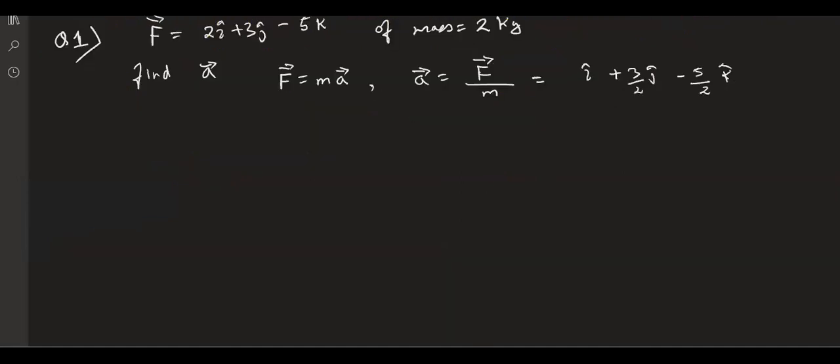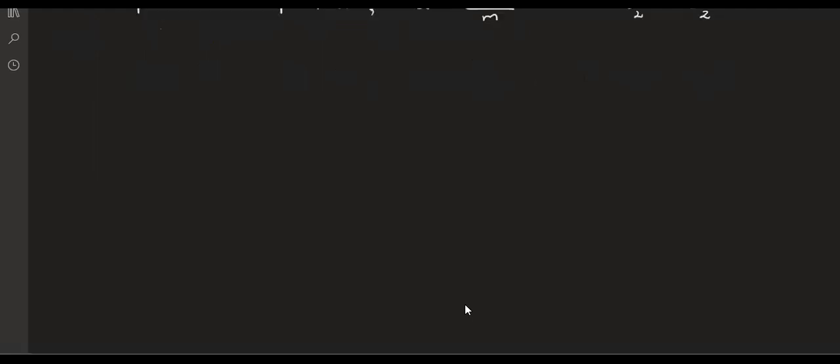I'm not teaching any new concept for now. I'm just using vectors for whatever you have studied already. Problem 2. Now, suppose I have an object, and the mass of this object is 5 kg.